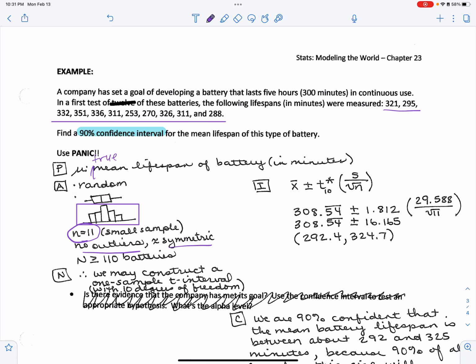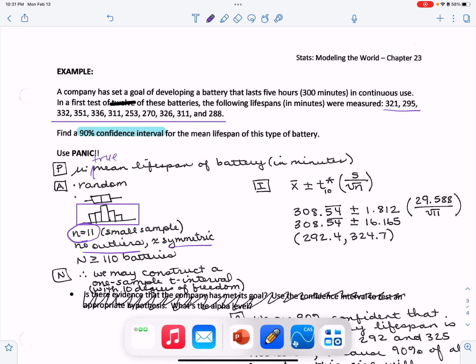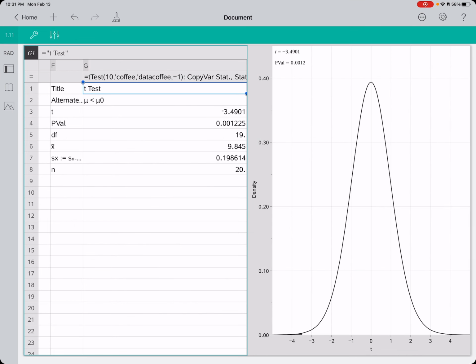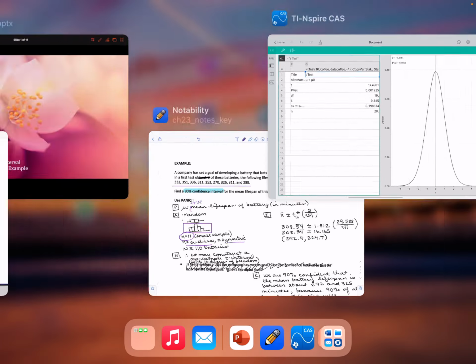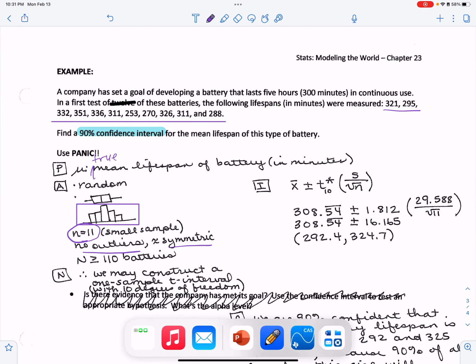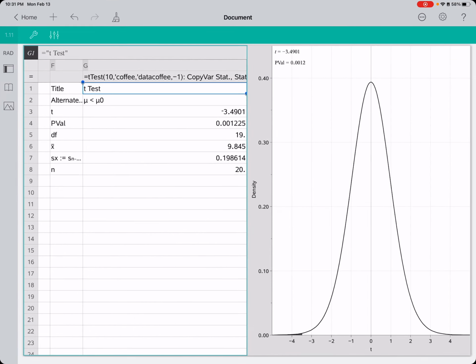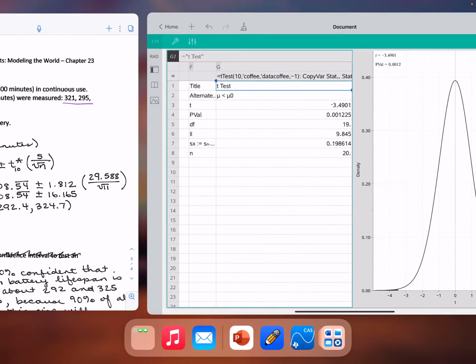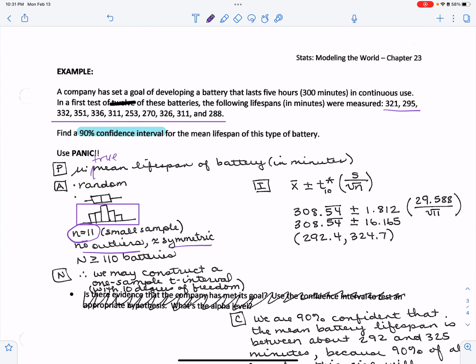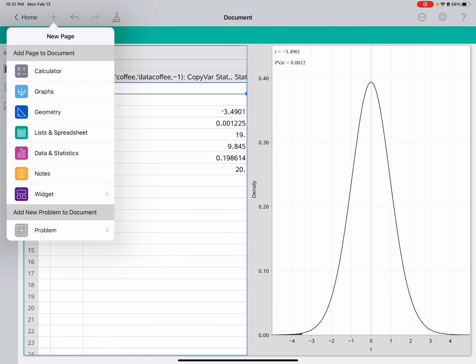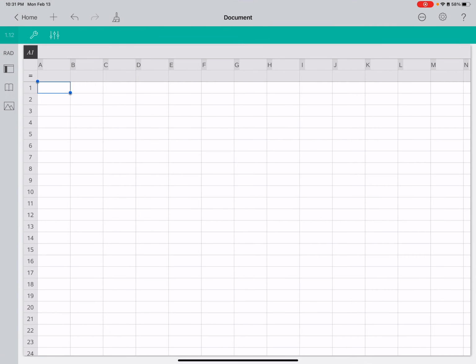So let's go ahead and do that. So I have 321, 295, 332. Actually, let me see if I can do a split screen. Okay, didn't work. It's not wanting to split. Okay, so 321, 295, 332, 351. Let's start a new graph.